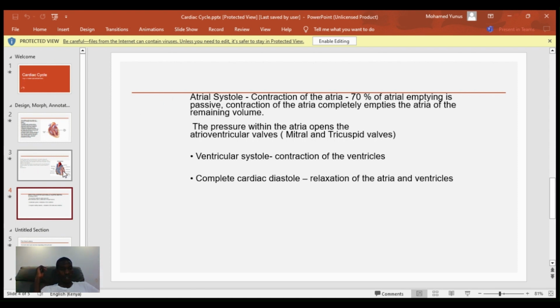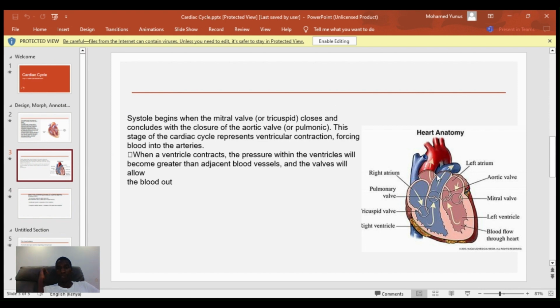So let's come back to our diagram here. This is the right atrium, and this is our left atrium. 70% of the blood from here and here will just flow passively into the ventricles.